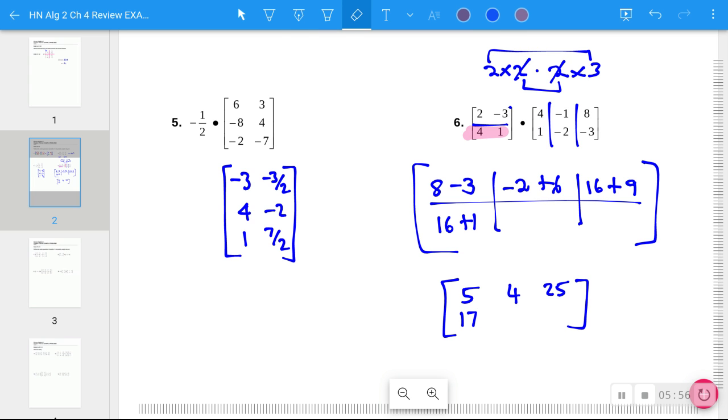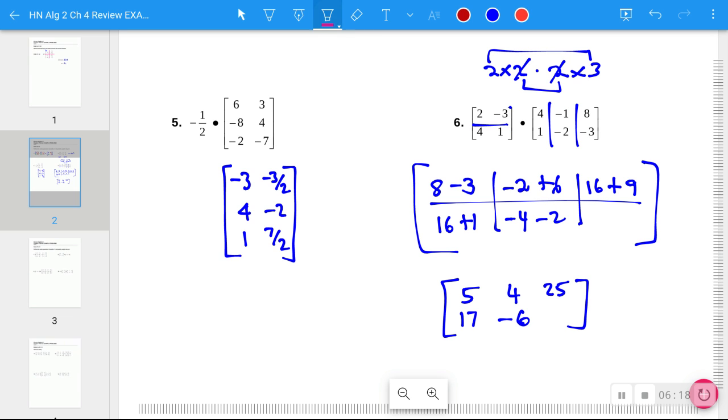Okay, moving to the center column, we would start out with 4 times that top number, negative 1, which is negative 4. And 1 times negative 2 is negative 2. So you get a negative 6 for that center one. I kind of obliterated that middle.